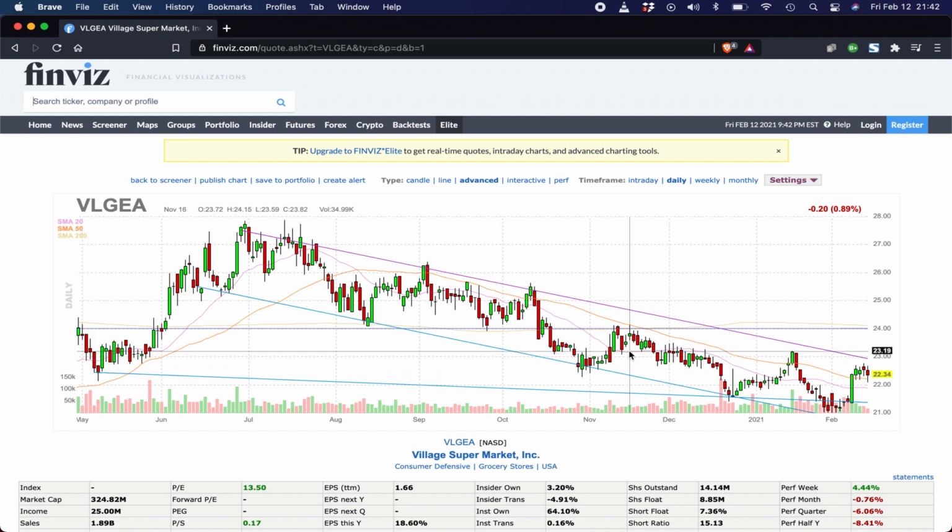So because the channel is downward, I would look at going short once the stock hits the trend line resistance. I would not consider going long when it hits the trend line support, simply because the stock is in a downtrend. I would urge caution to go long in these stocks where the trend is against you, right? So I would consider shorting this all the time it hits the trend line resistance.